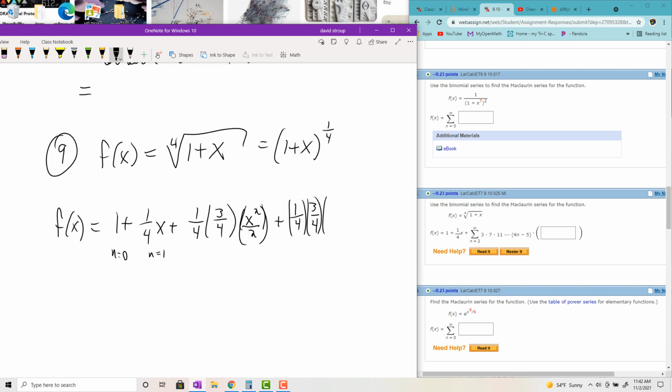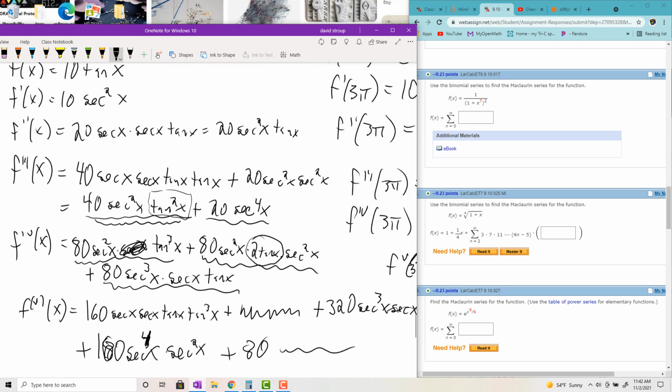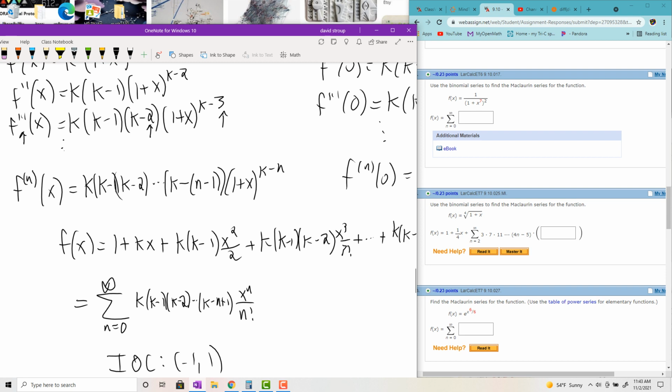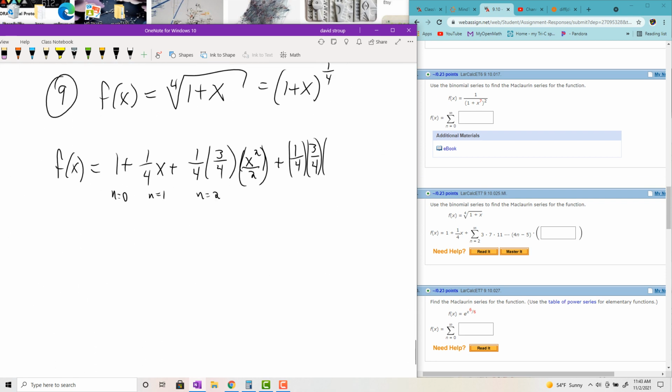This is n equals 1, n equals 2. Is that how it goes? Yeah, starts at 0. N equals 3.